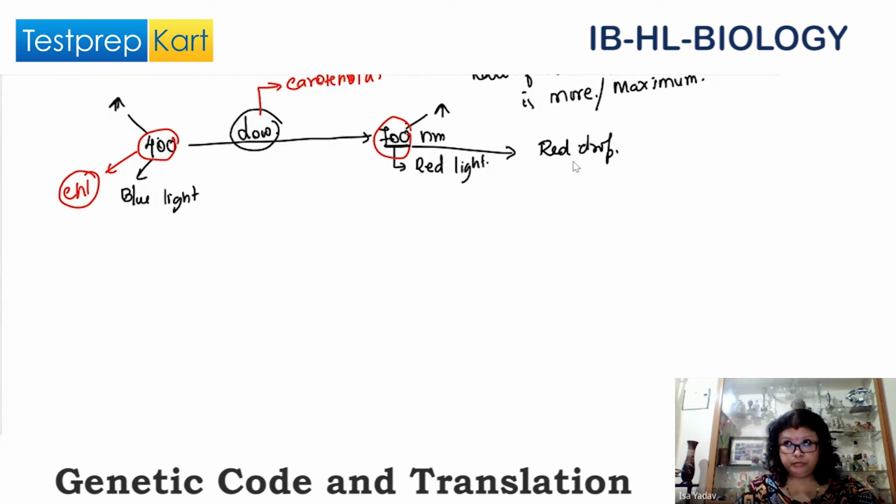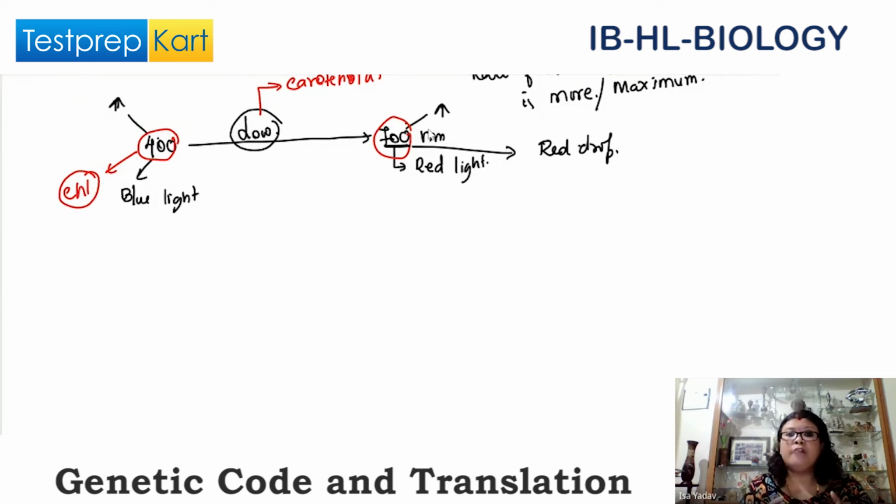Now, how do I bring about photosynthesis here? In the red drop, because red light is not there, there is a steep drop in photosynthesis. So again I supply red light. When I supply red light, again the rate of photosynthesis will become high.